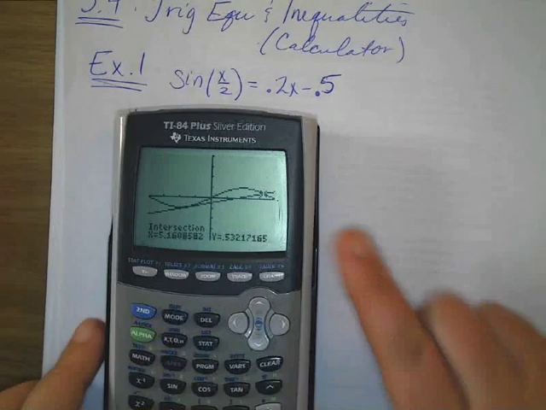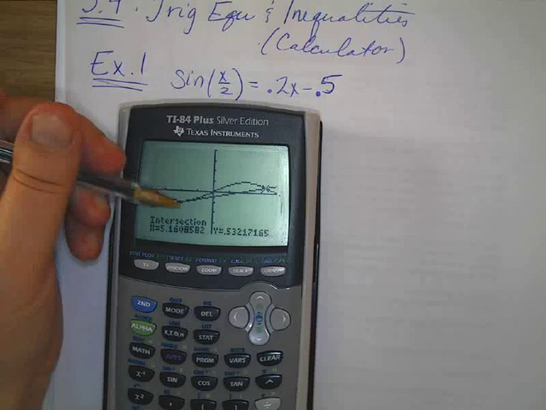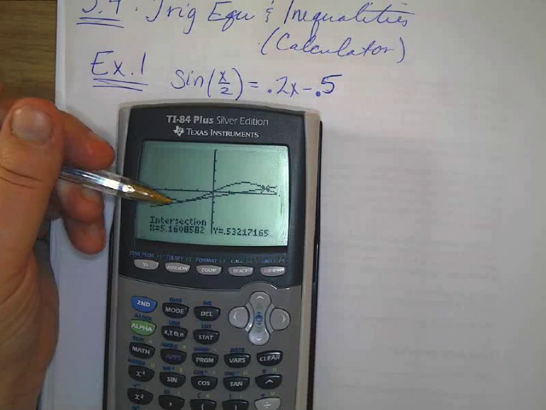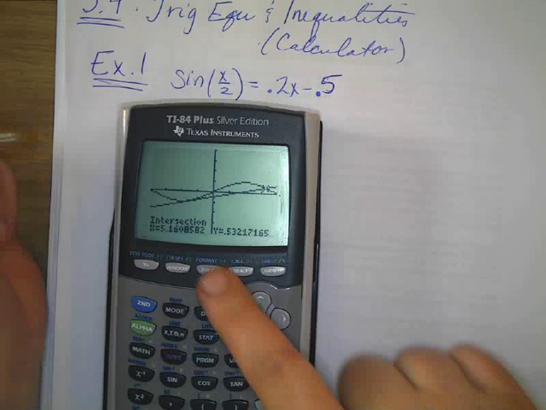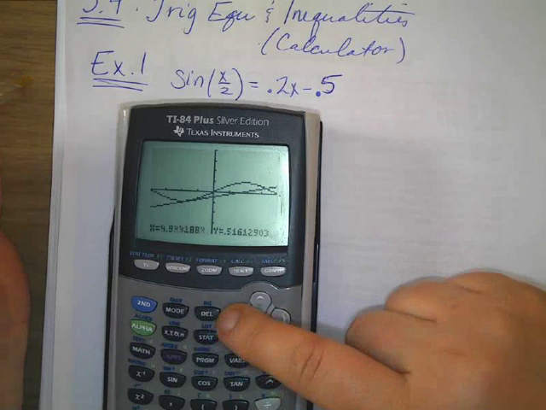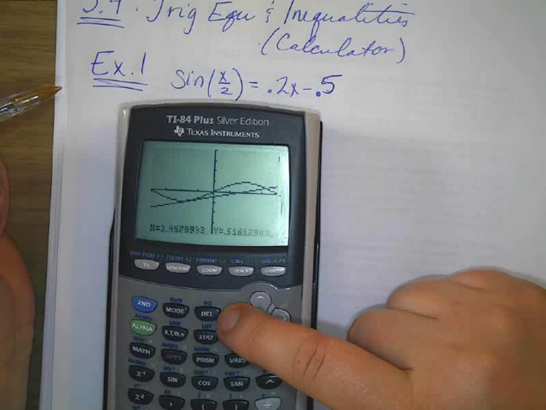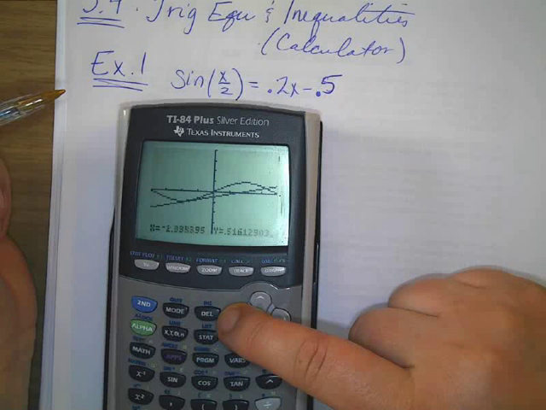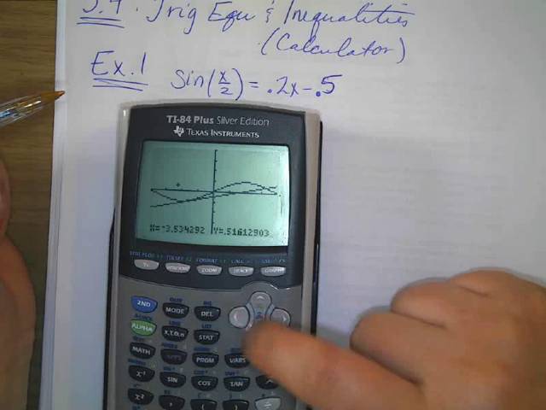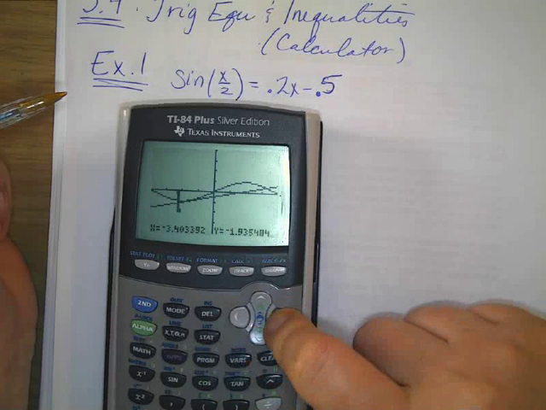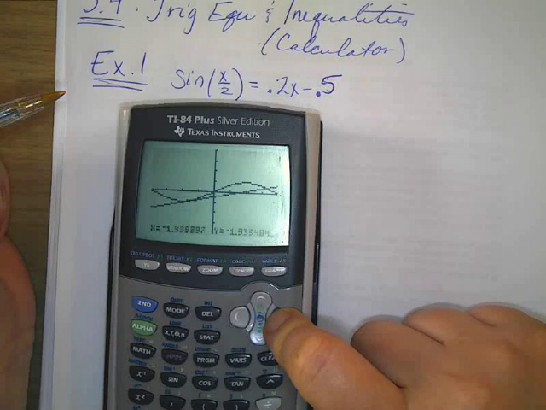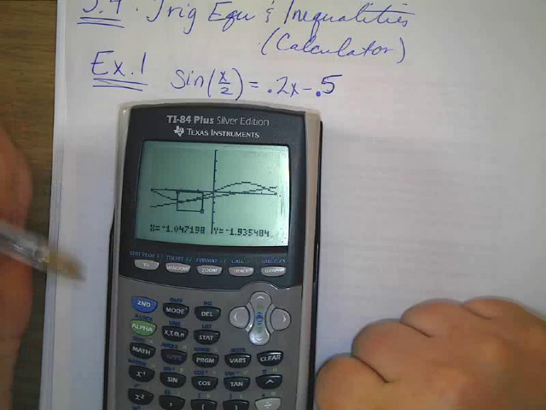Now, this one right here, I'm not 100% sure if it crosses or it doesn't cross. So we're going to use my favorite zoom ability. We're going to zoom box. I'm going to scroll way over here. That's where I made my box.